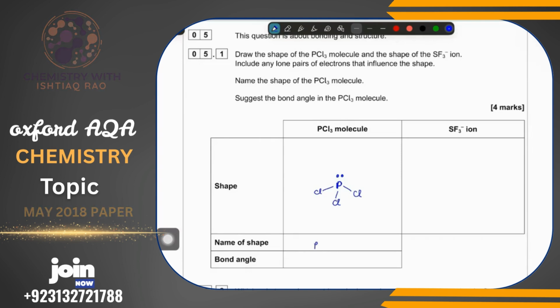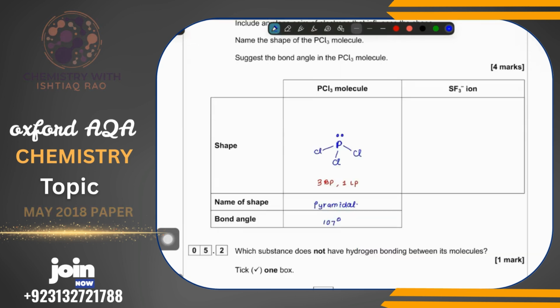Right, and there's a lone pair as well. Yeah, because it has 3 bond pairs and 1 lone pair. So the bond angle would be 107. Right. Okay.